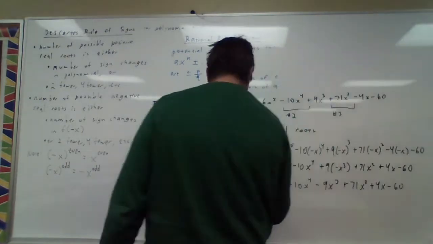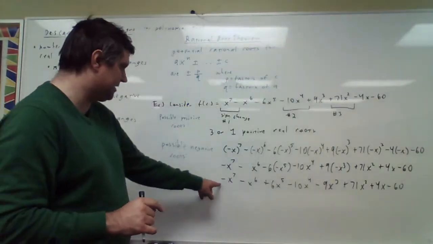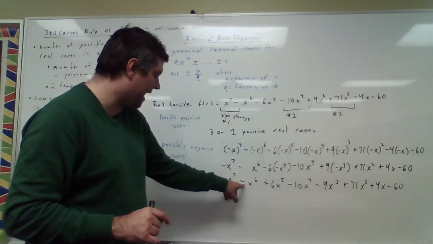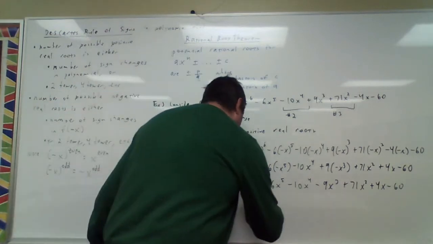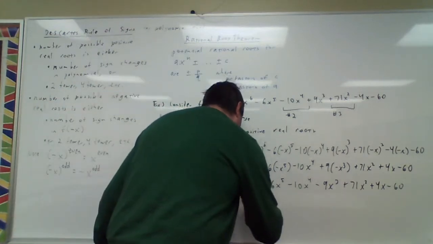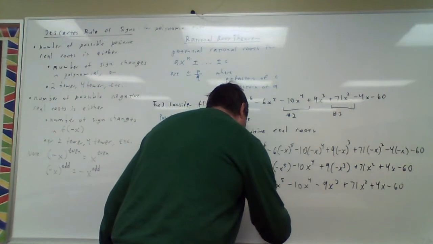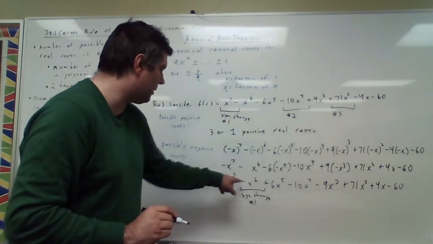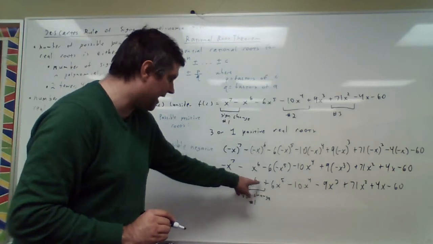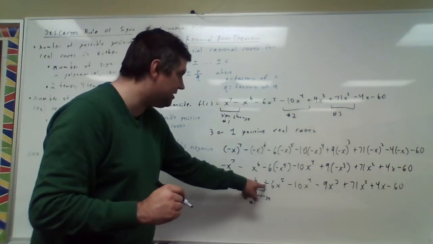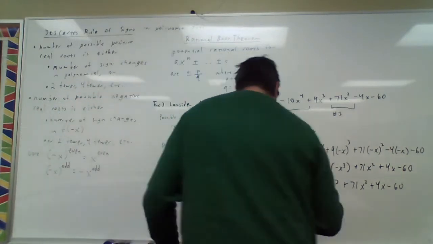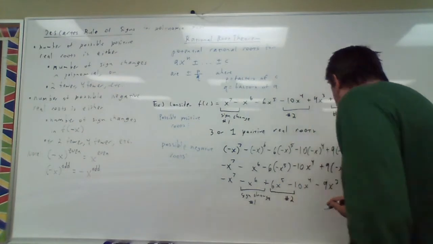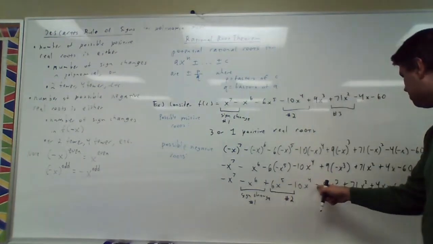So, sign changes. That's negative to negative, no sign change. Negative to positive, that's sign change number 1. And then we went negative to negative, no change. Negative to positive, that was a sign change. Now we're going positive to negative. So that's number 2. Then negative to negative, no change.